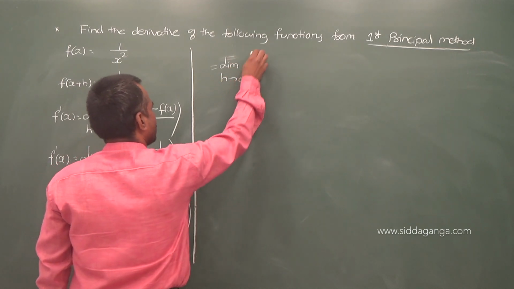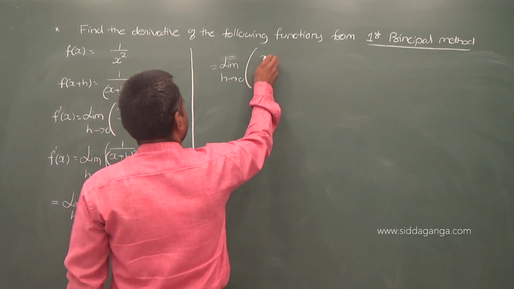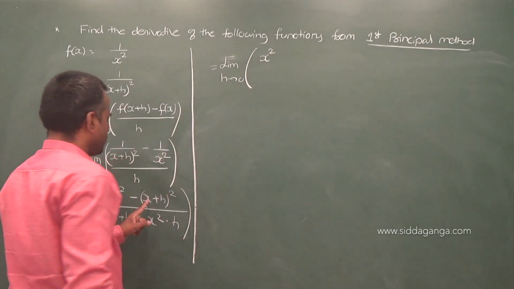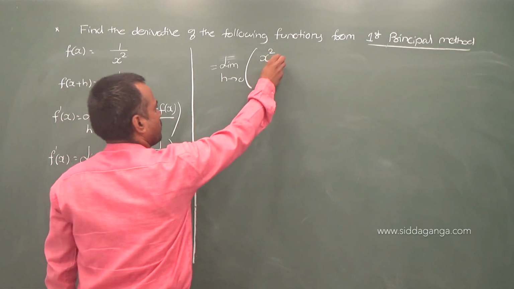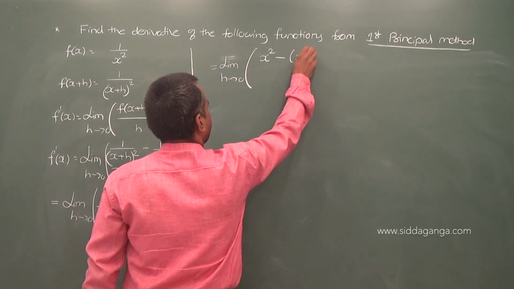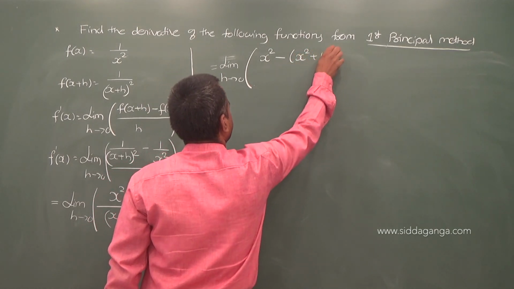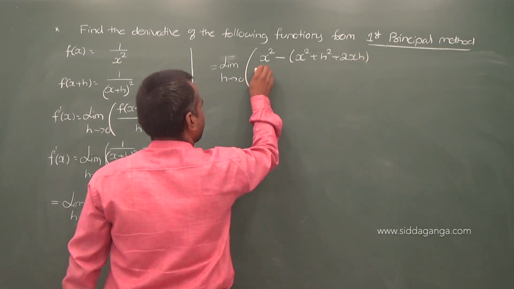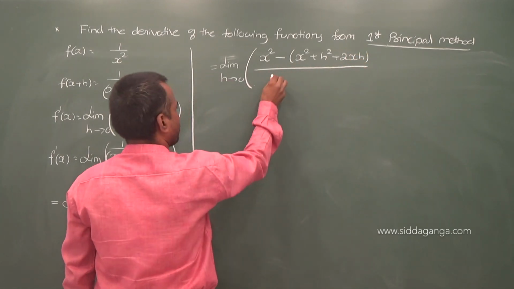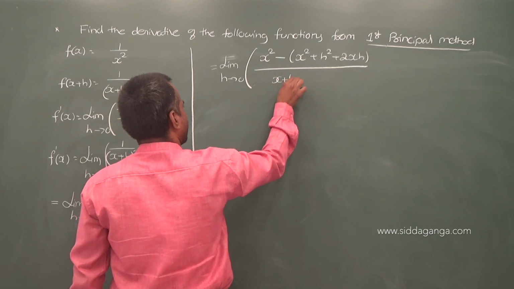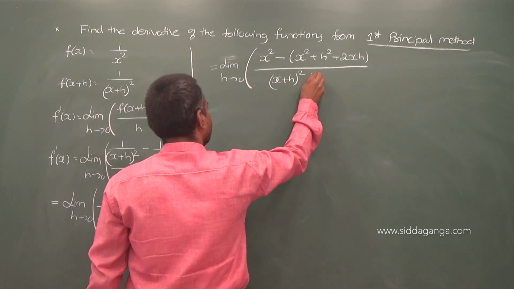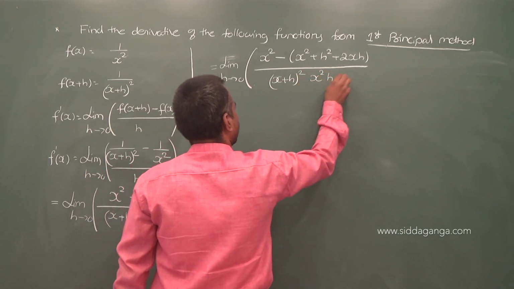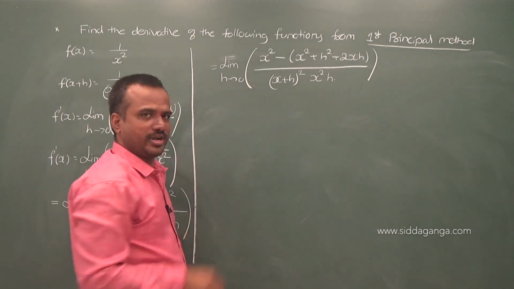That is equal to limit h tends to 0. x square, and it is in the form of a plus b whole square, minus x square plus 2xh plus h square, whole divided by x plus h whole square x square into h.